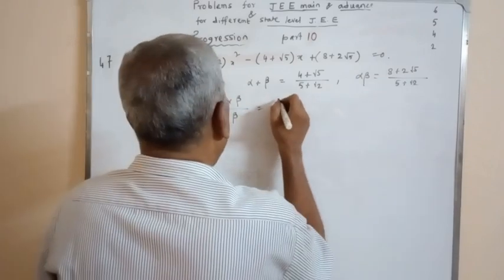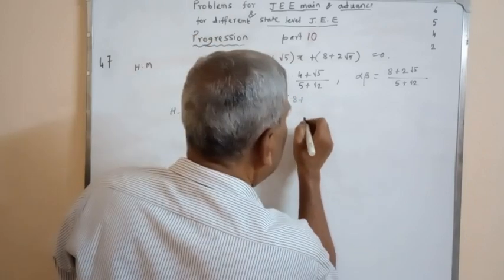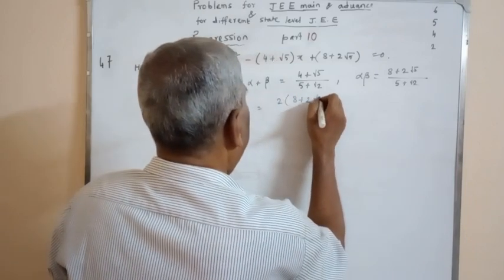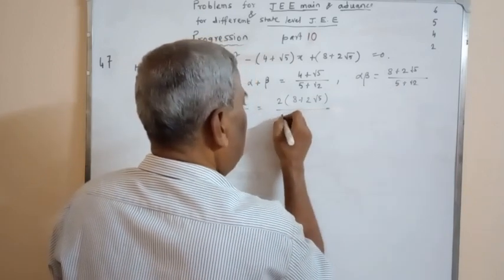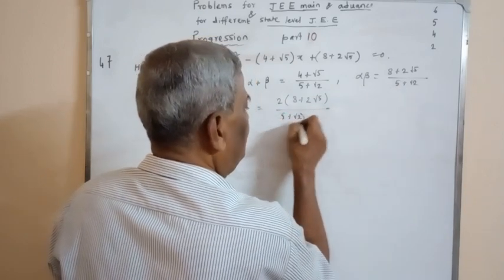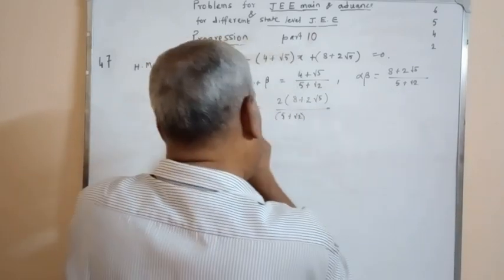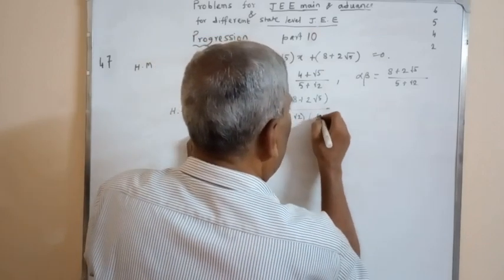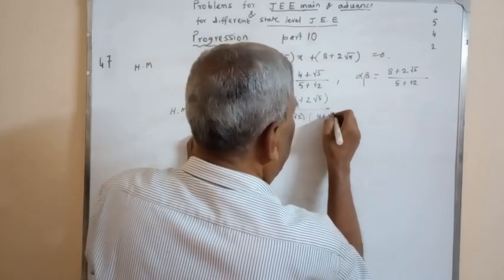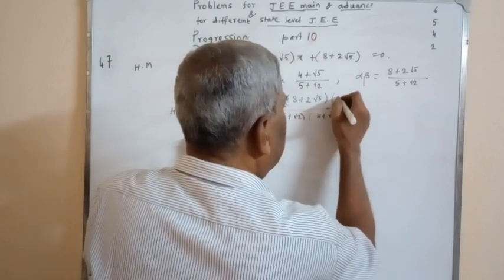So it is equal to 2 into 8 plus 2 root 5 by 5 plus root 2 divided by alpha plus beta, which is 4 plus root 5 by 5 plus root 2.